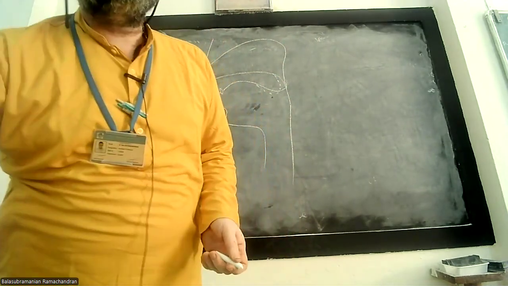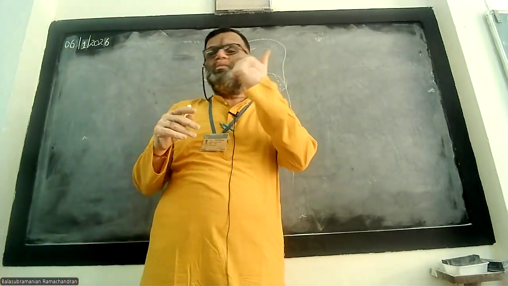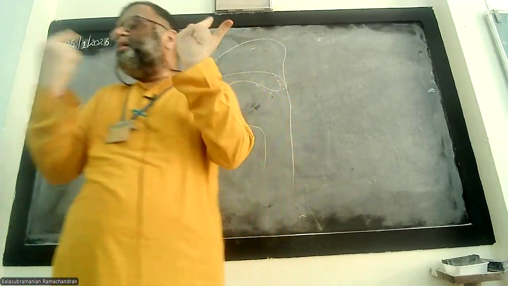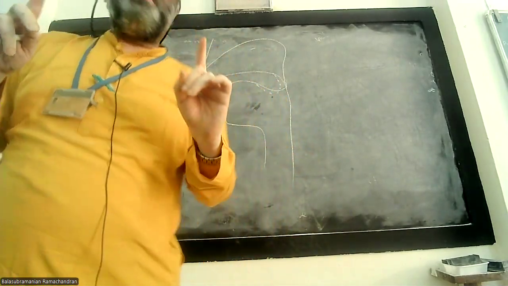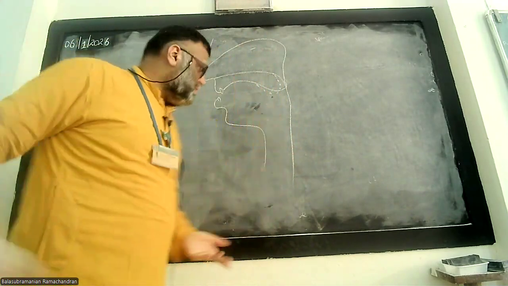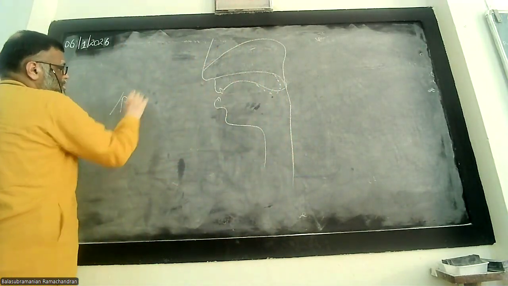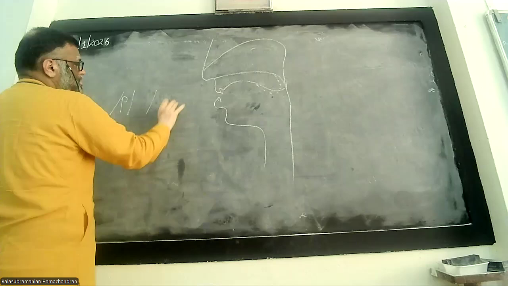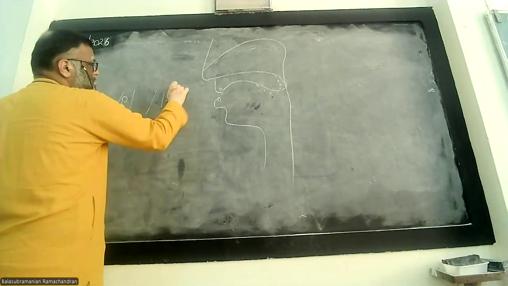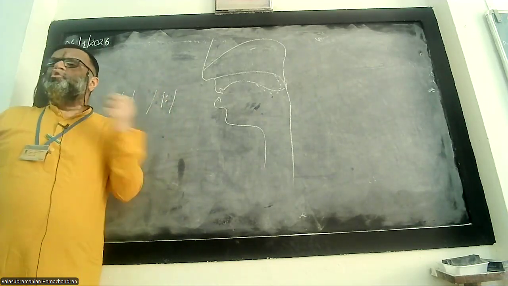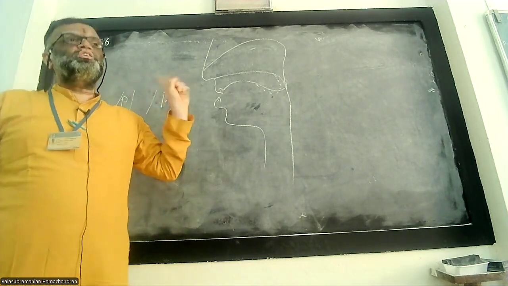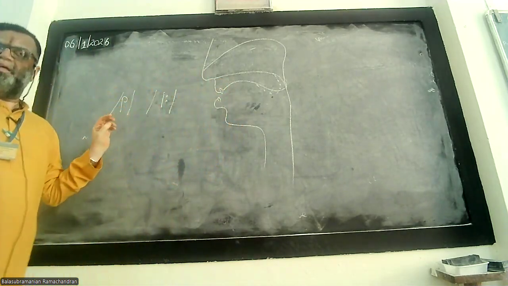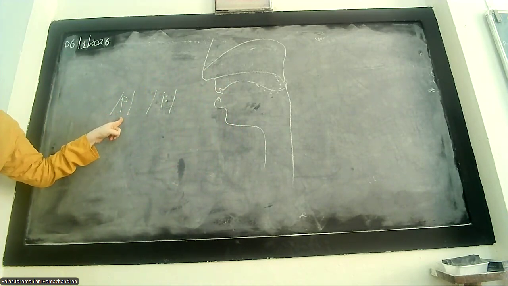Tactile means touch. You are touching something. Something gets touched inside the organs of speech. But let me compare that to another sound. At least this I can tell. You smile and you get it. But what is involved here? Can anyone tell me? In the first sound, the two lips are involved.